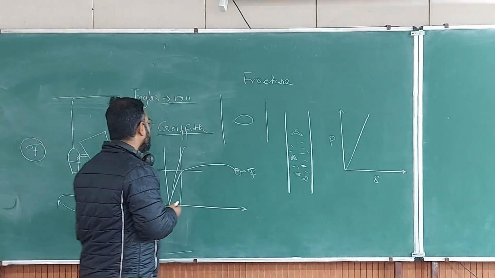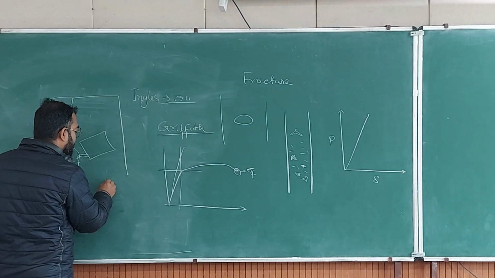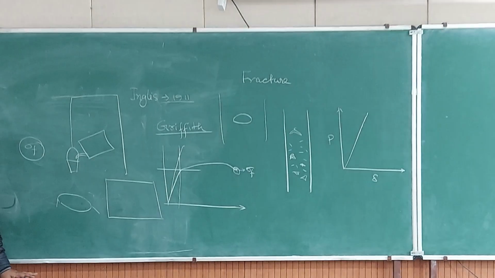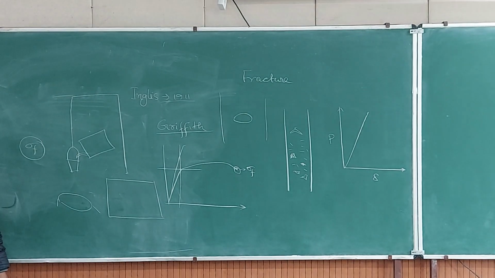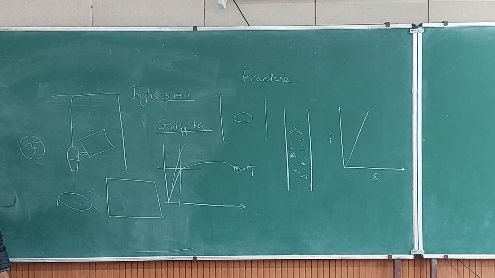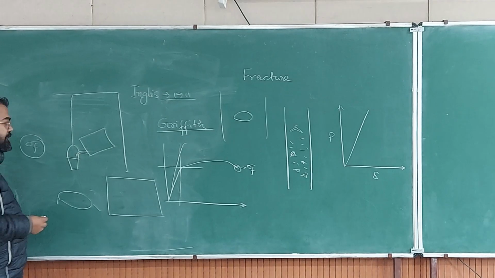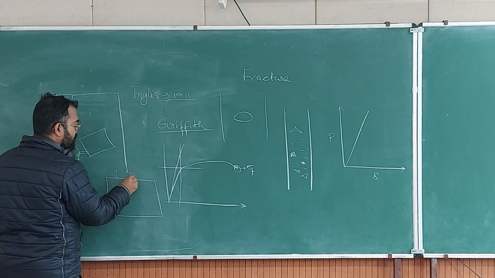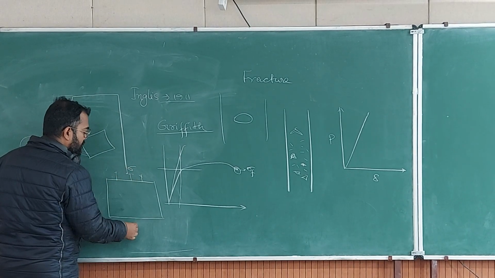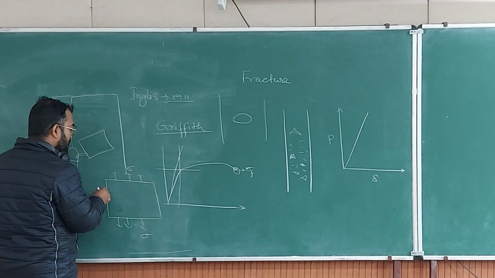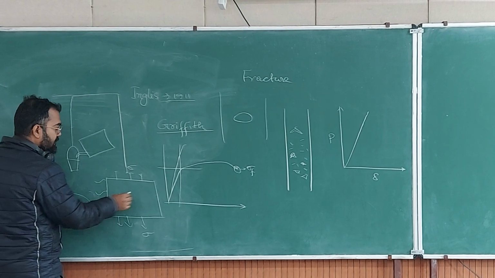All the calculations or derivations are happening in 2 dimensions. The 3 dimension effect is not taken care of right now, and all the 3 dimension problems are broken into plane stress and plane strain. That's how they solve it. So you have stress applied on this plate, and this dimension is infinite.